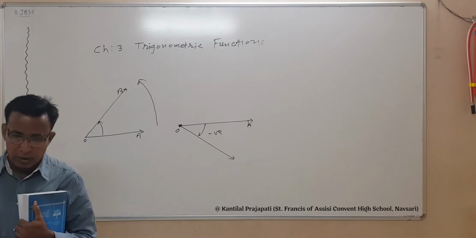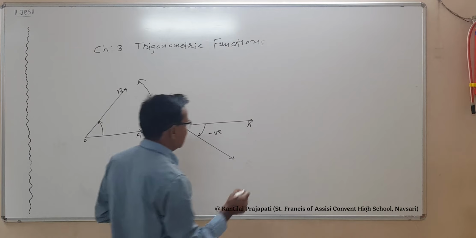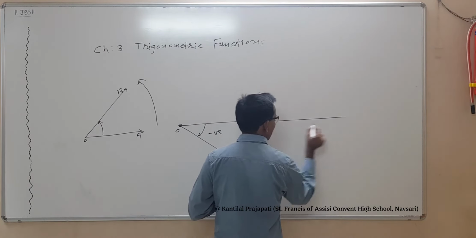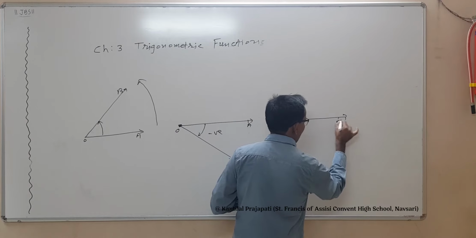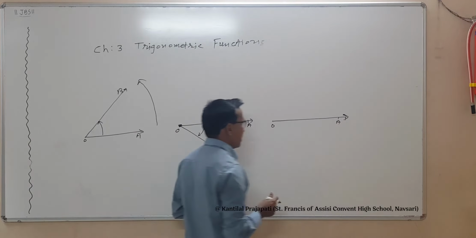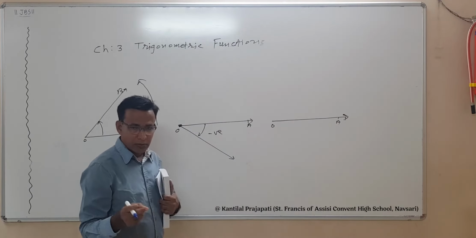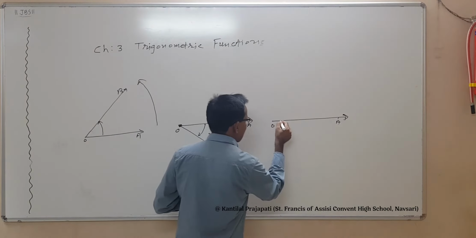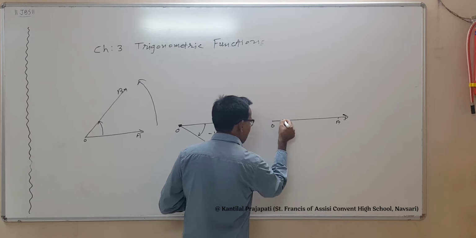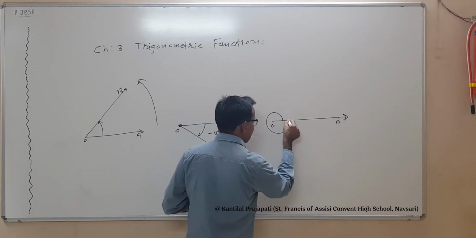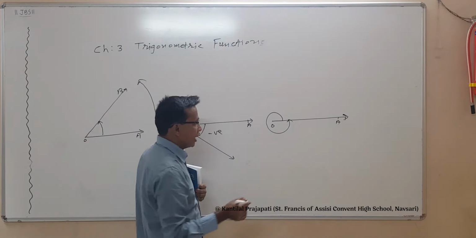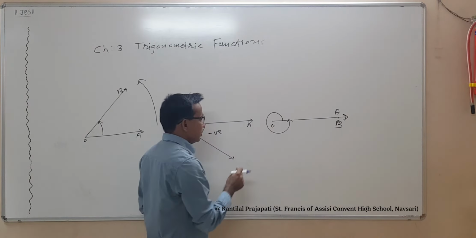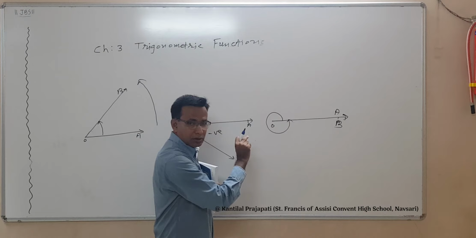Now we consider here again ray OA. Now it rotates one complete revolution. If you rotate one complete revolution in anti-clockwise direction this way and you get point B here, this is A and this is B, then this will be 360 degree.